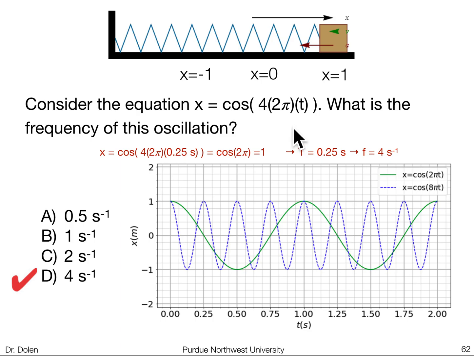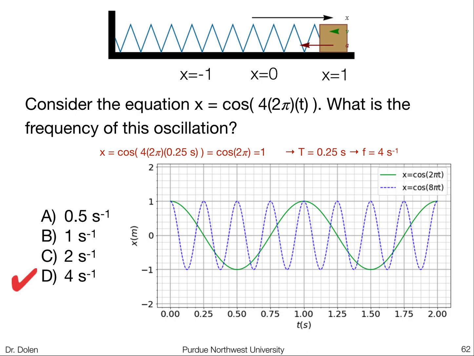So the amount of time it takes for this object to go through 1 complete oscillation, the period, is 0.25 seconds. And so once I know that, that tells me the frequency is equal to 4 per second. 1 over the period, 1 over a quarter, is 4.